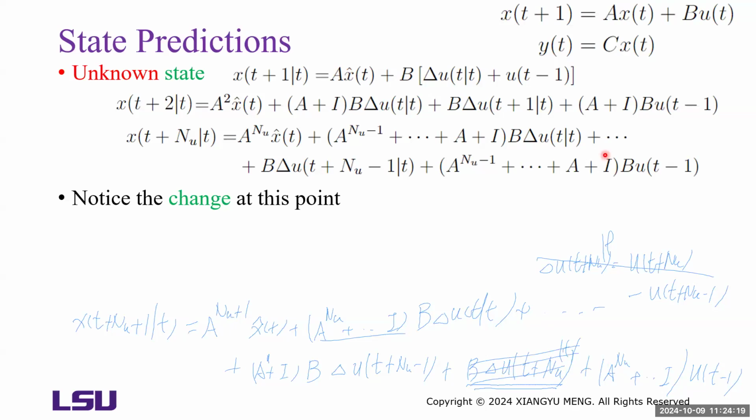Then the last term here will be a plus I, b delta t plus nu minus 1. So all the following terms regarding the u t plus k, for k greater than or equal to nu, will be 0.